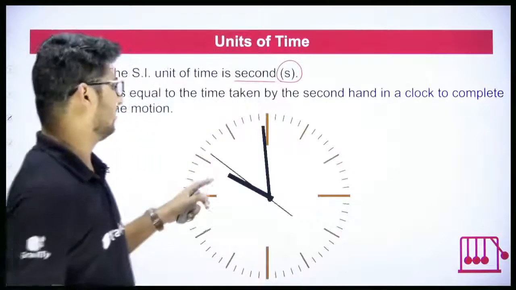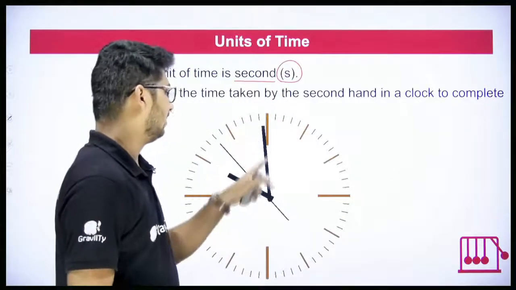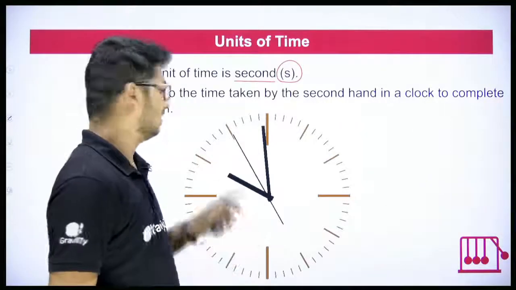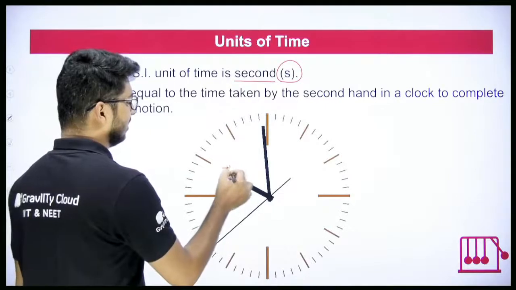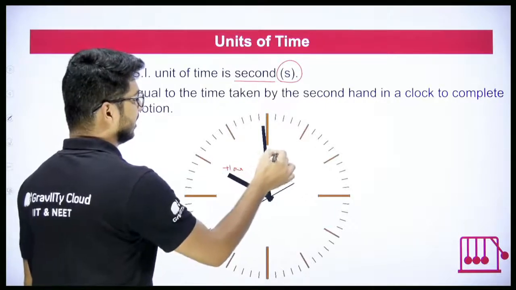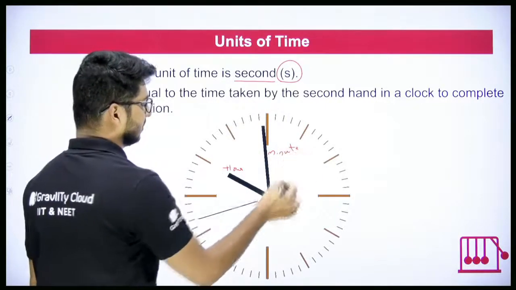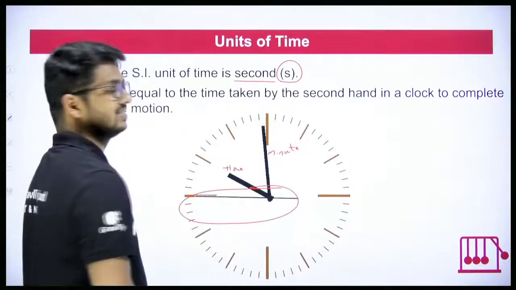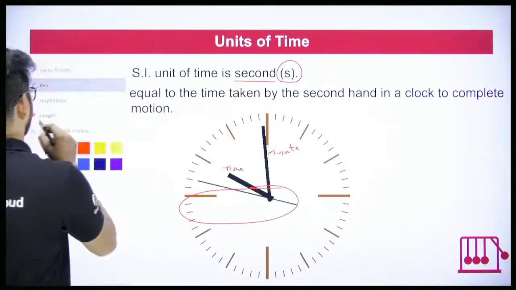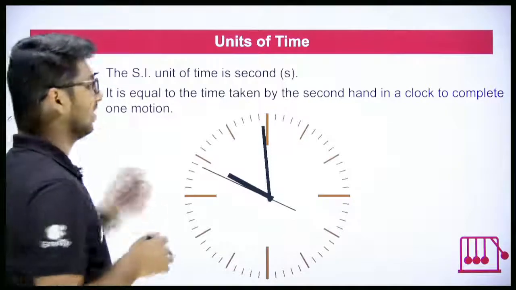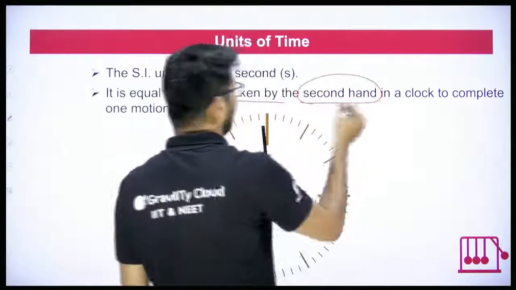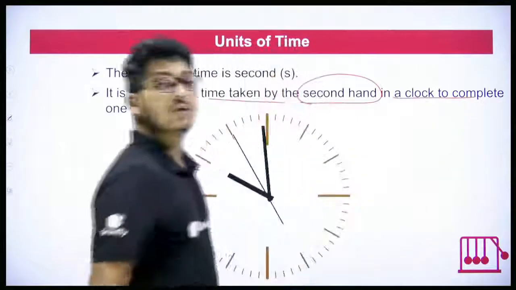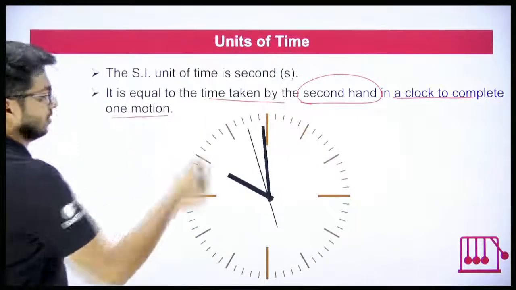If I use a watch or a clock, you have three different hands here: a minute hand, a second hand, and an hour hand. This is the hour hand. This is the minute hand, and this one that is moving here is the second hand. So 1 second can be defined as the time taken by the second hand in a clock to complete one motion.